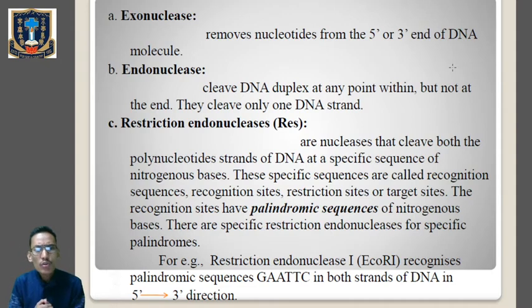Exonuclease removes the nucleotides from the 5' end or 3' end of DNA molecules. Now what do you mean by nucleotides? Before going to nucleotides, try to recall the structure of the DNA molecule. Remember we have nucleosides also.